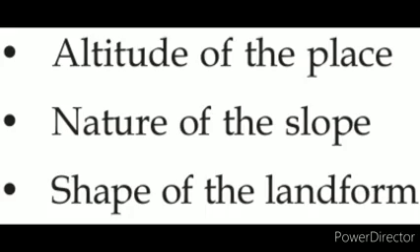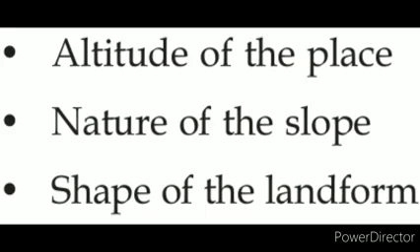It is very important to get the details of a topography by assessing these contour lines. These are the three things to be assessed. One, altitude of the place. Second, nature of the slope.